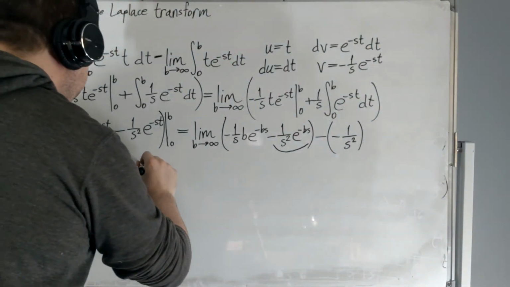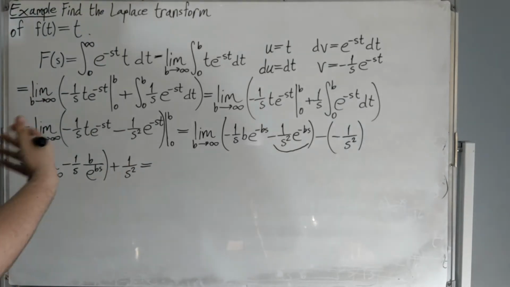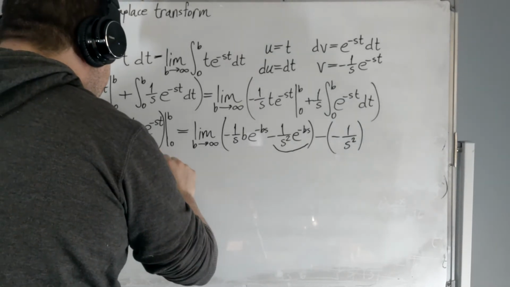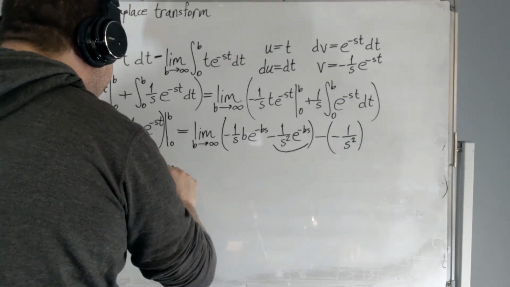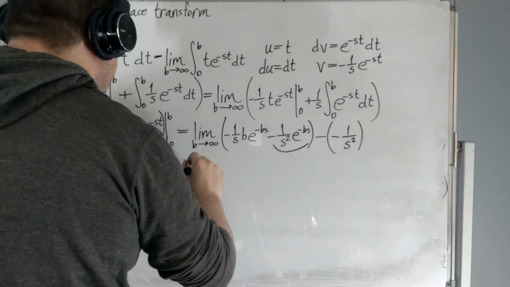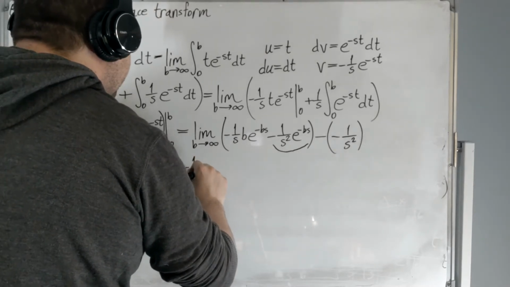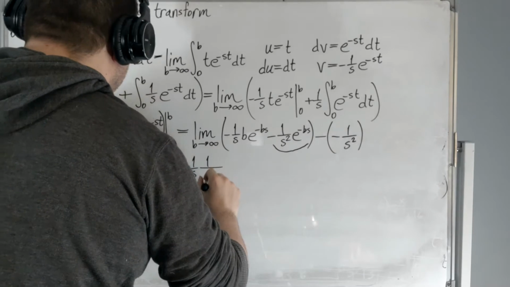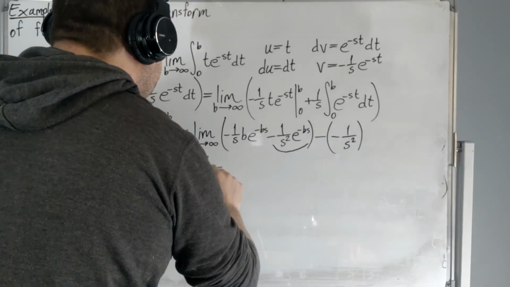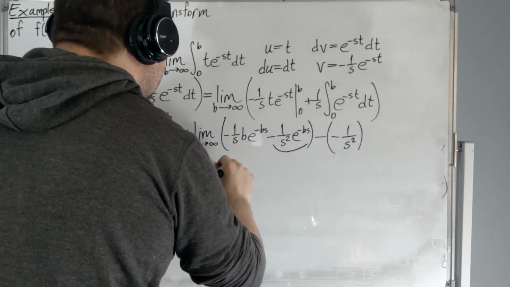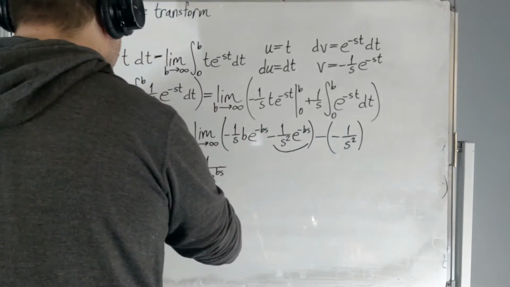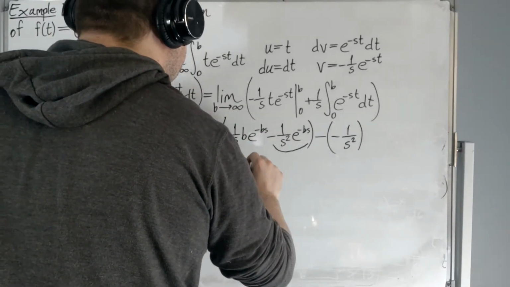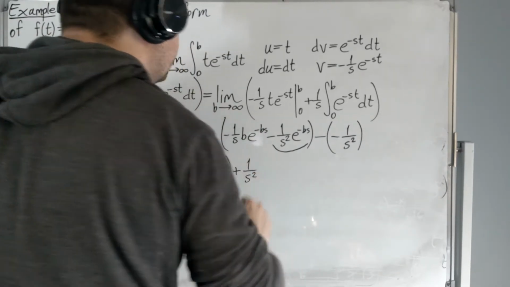So if you take the derivative with respect to b, this becomes the limit as b approaches infinity of negative 1 over s, 1 over s e to the bs. And then we still have plus 1 over s squared.